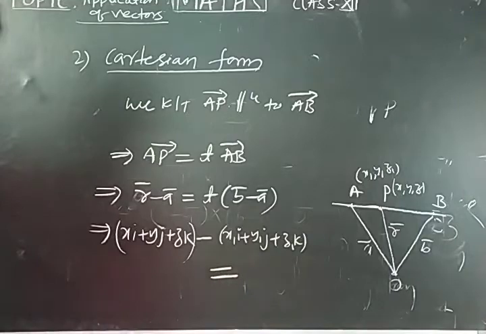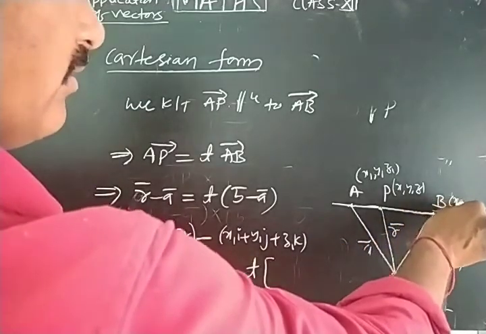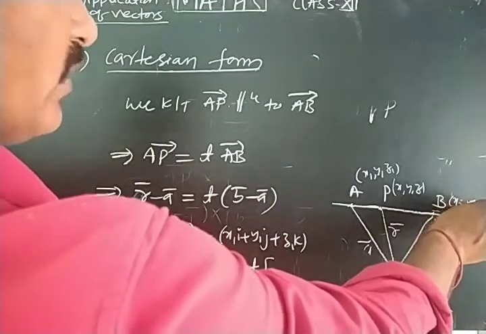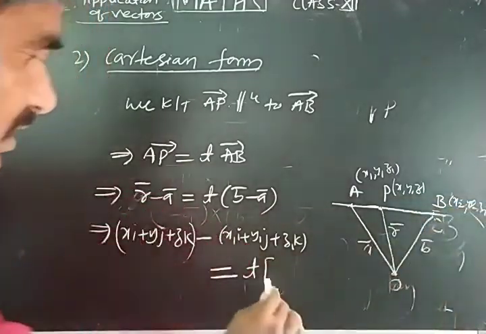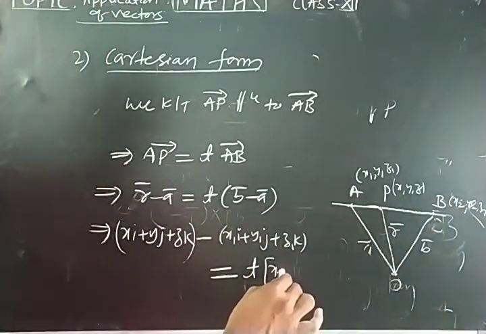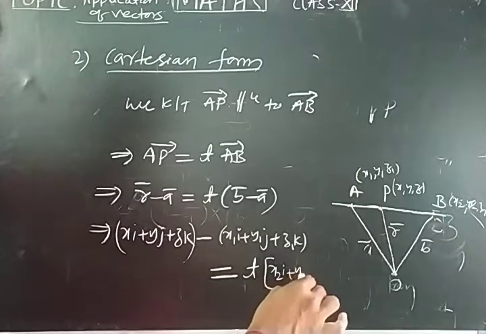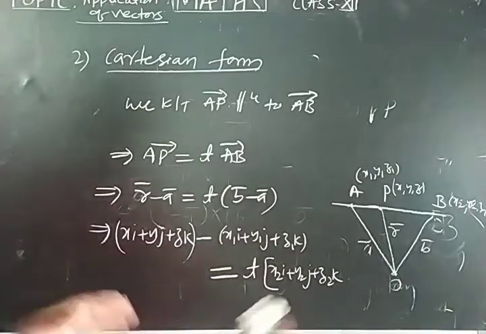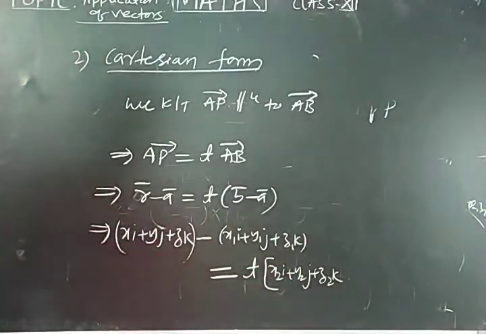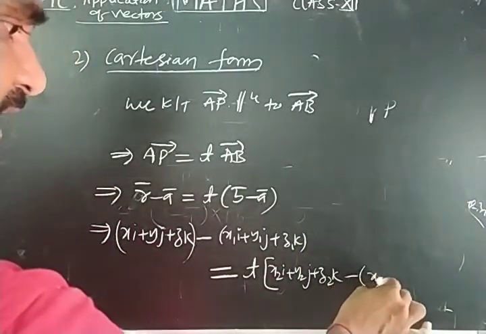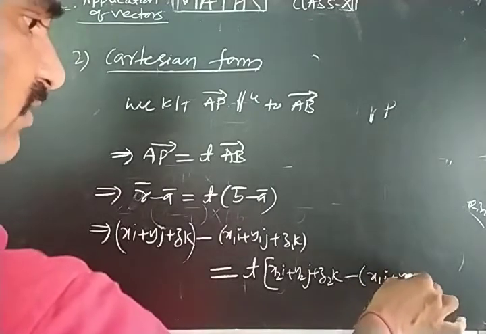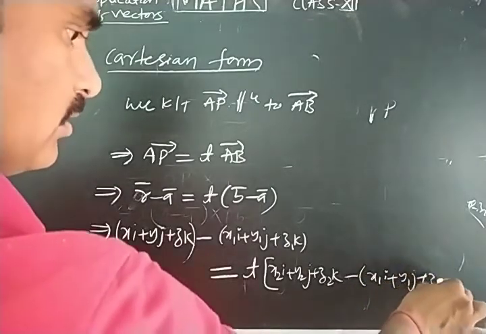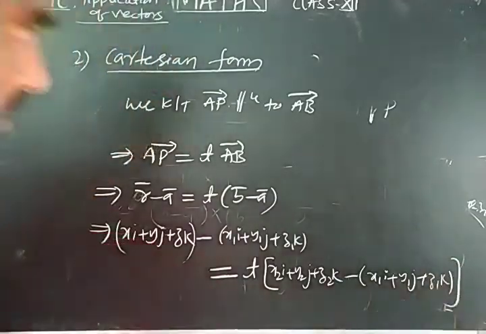This is equal to T into B bar, where B has coordinates x2, y2, z2, so the position vector is x2i plus y2j plus z2k, minus A bar, again x1i plus y1j plus z1k.